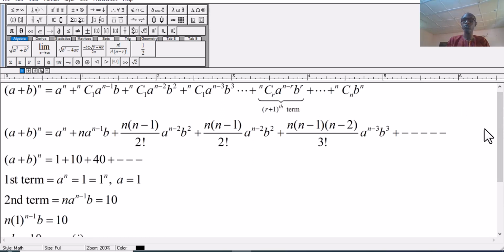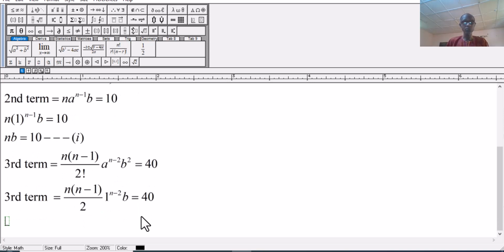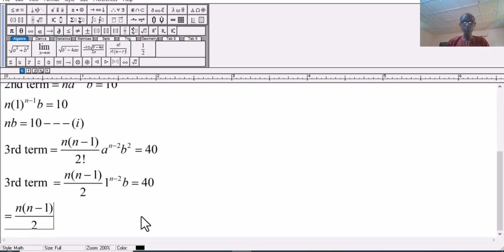The third term is 40, so I'll put 40 here. So I have n into n minus 1 over 2, then b squared, is equal to 40. 1 raised to the power n minus 2 will still give us 1. Just have that at the back of your mind.